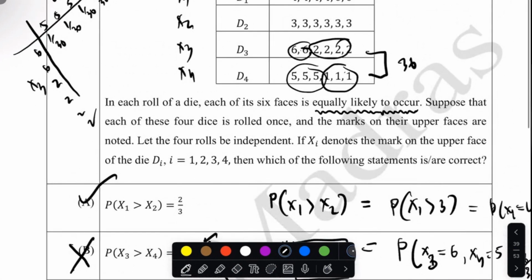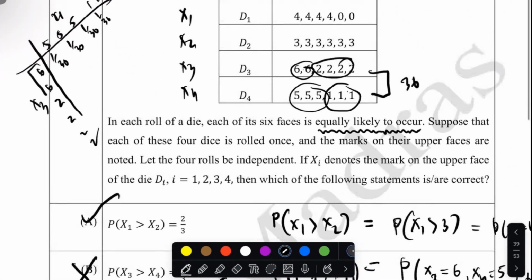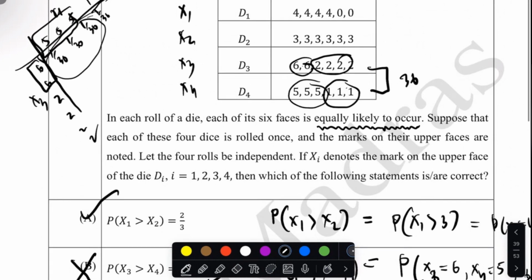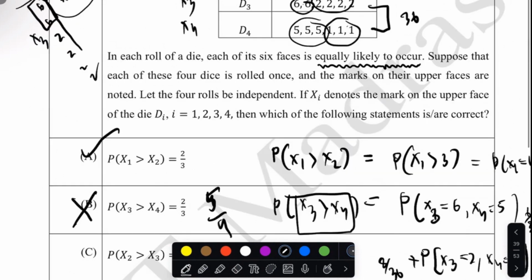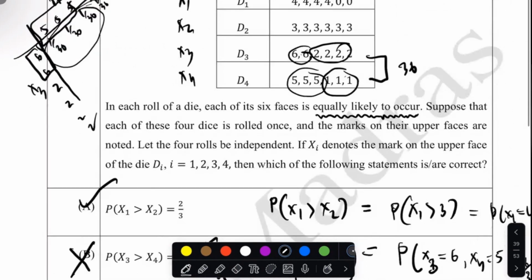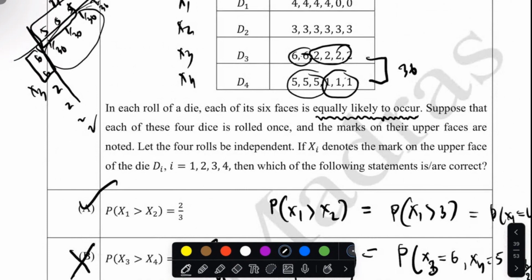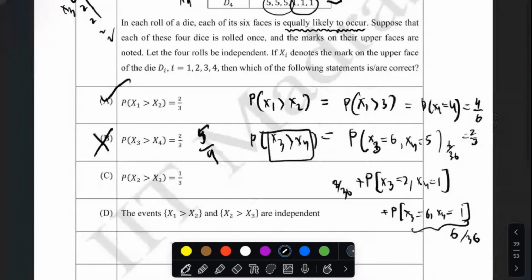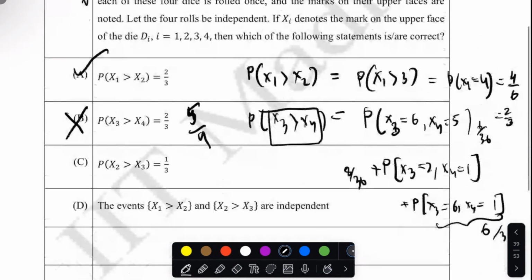We have the cases where X3 is 6 and X4 is 5 or 1, and the case where X3 is 2 and X4 is 1. Therefore we add them, and that's it.